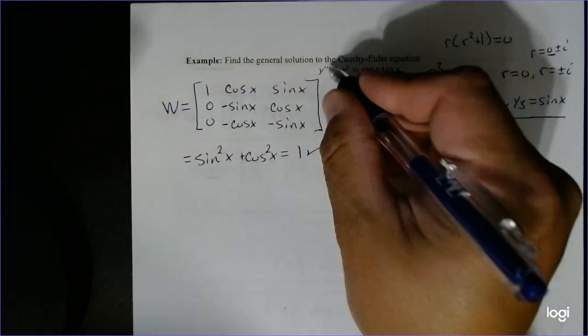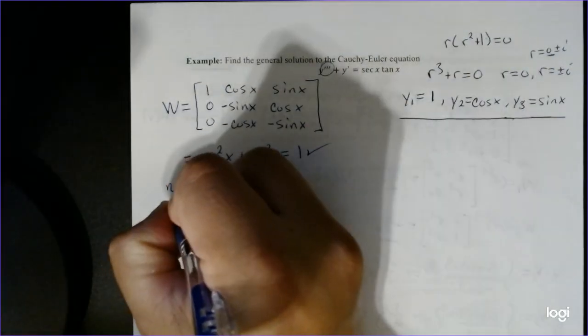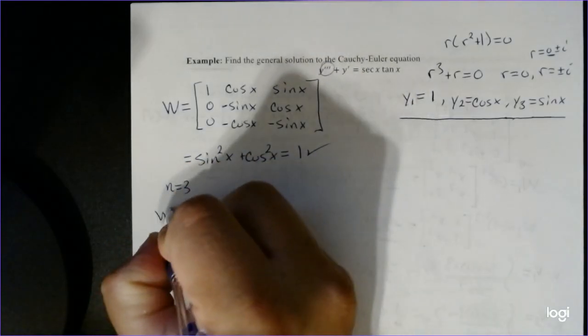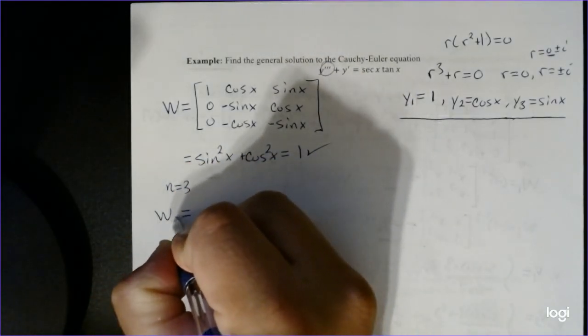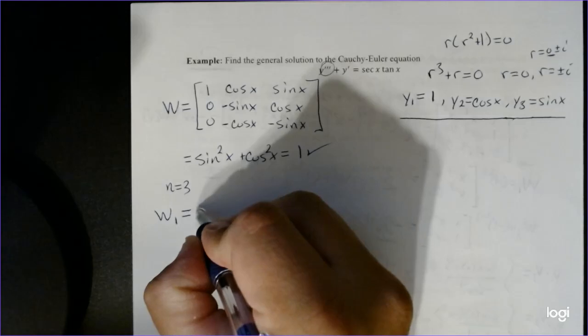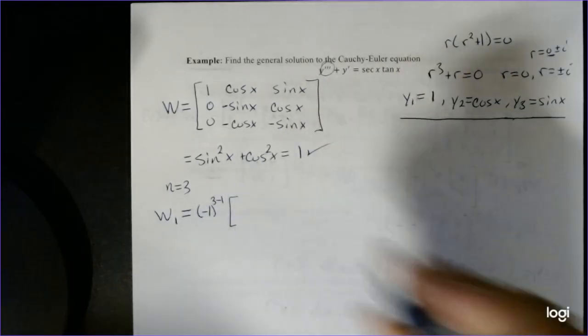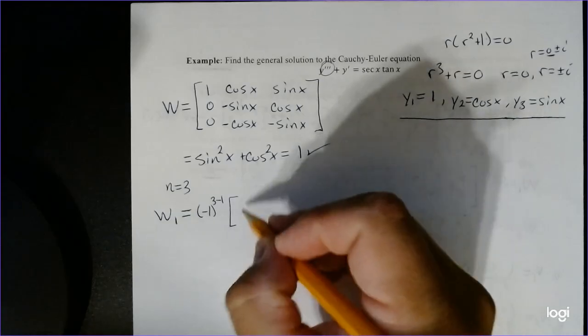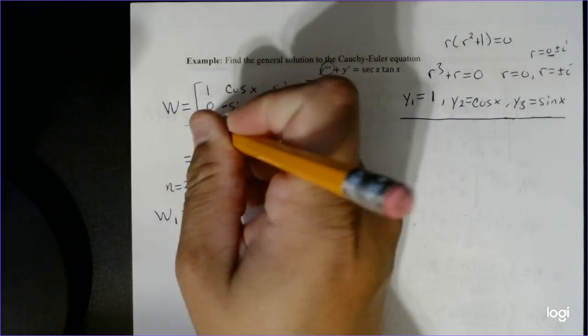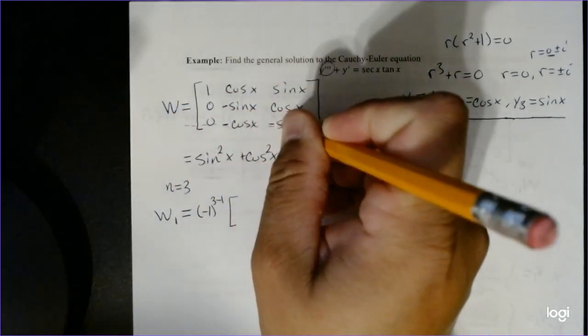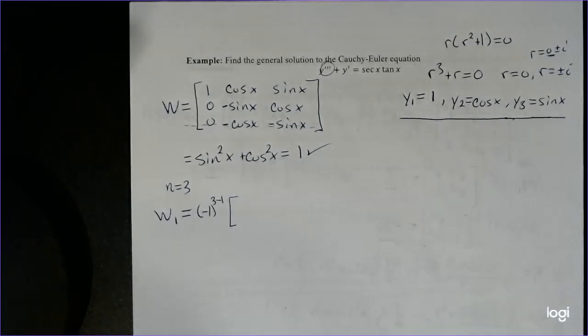Just like last time, this is 3, so we know n is going to be 3. So now we find our Wronskians 1, 2, and 3. It's going to be negative 1 to the 3 minus 1 power, and it's the same process. Let's break it down to 2 by 2. We're just going to get rid of the third row and each respective k.